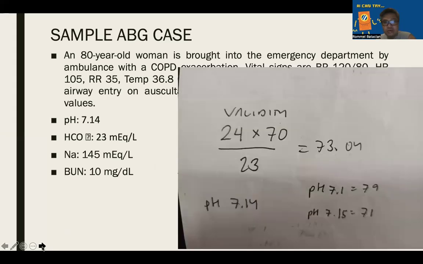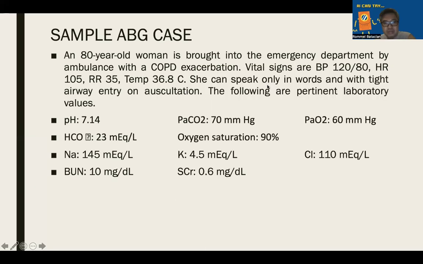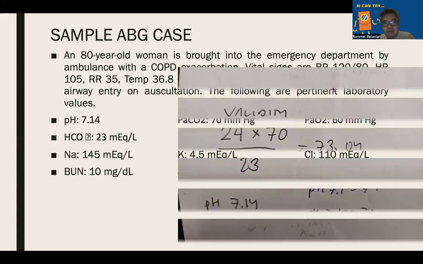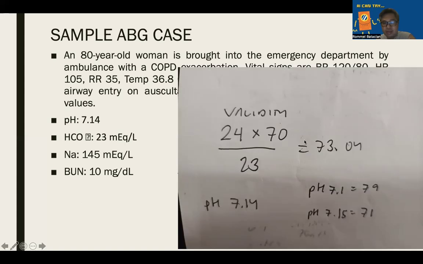Okay, so now you just have to check the validity first again. So again, 24 times 70, which is the PCO2, divided by the bicarb, 23. So it's 73.04. And as you would again see in the table earlier, a 7.1 pH corresponds to a hydrogen ion concentration of 79. 7.15 corresponds to 71.